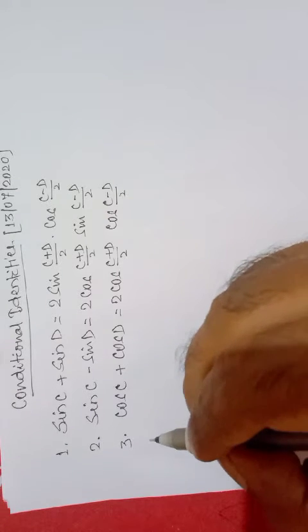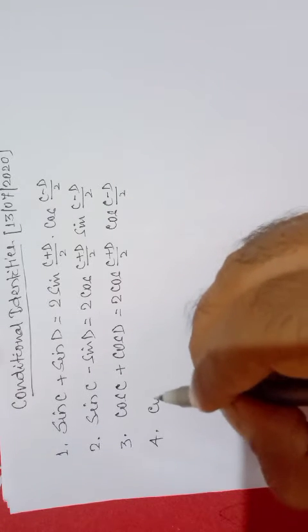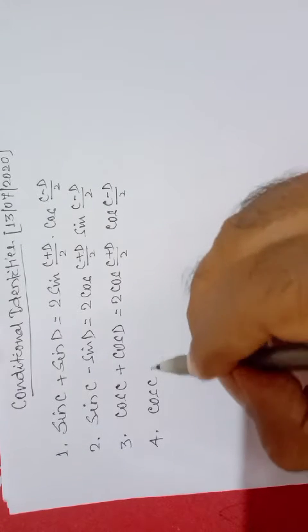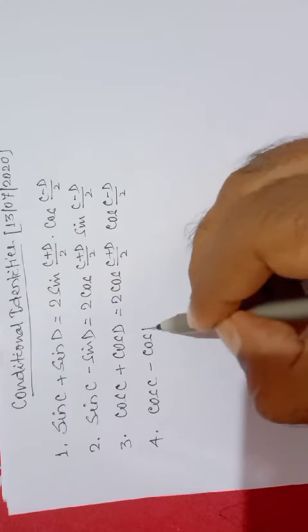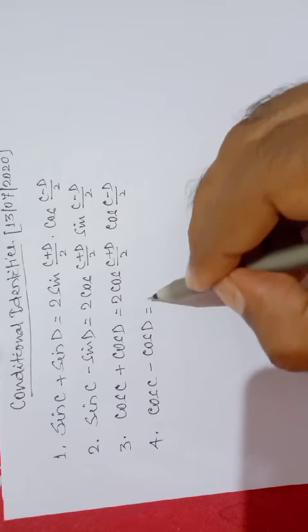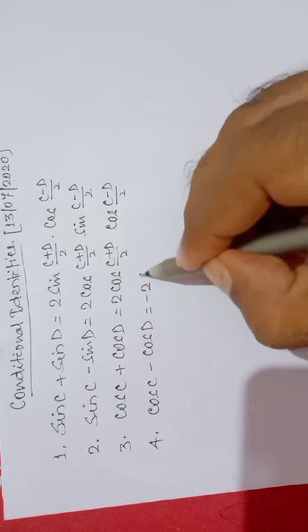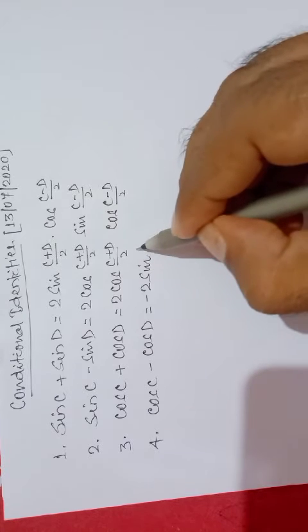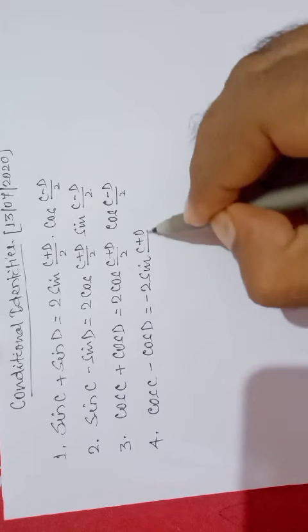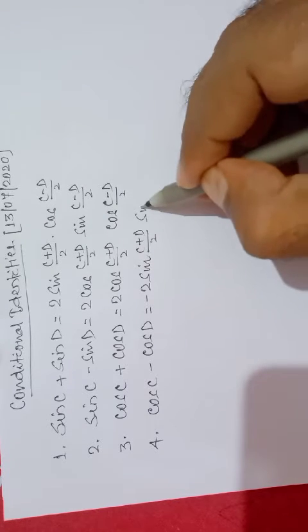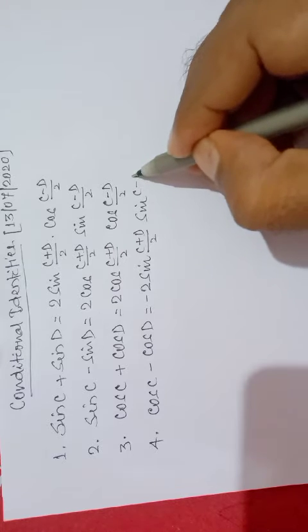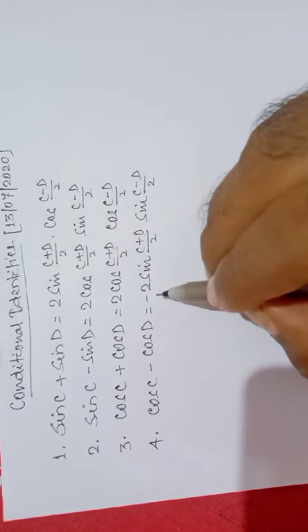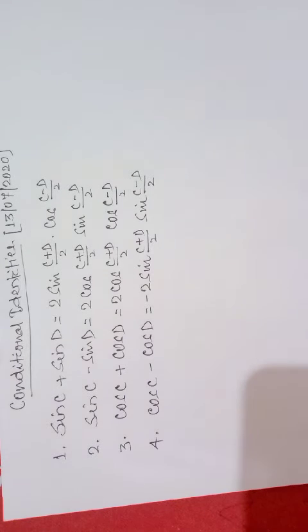And finally, cos C minus cos D, which should be written as minus 2 sin (C plus D)/2 into sin (C minus D)/2, because we have taken minus initially.